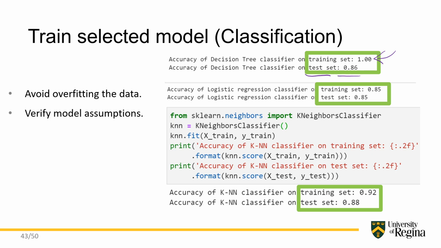Although we know we have the labels, the model has not been trained on it. So usually the test accuracy should be lower than the training accuracy. And when you have a training accuracy of 100%, sometimes that means you have an overfitting problem, that your model is actually, sometimes we could call it, memorizing the data.